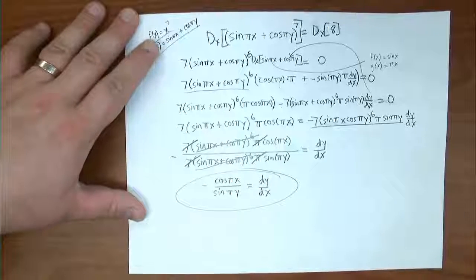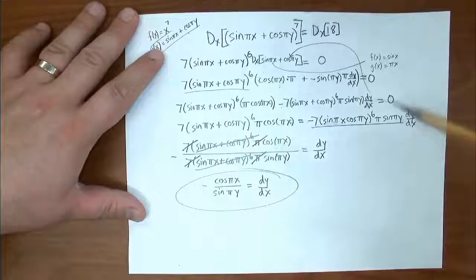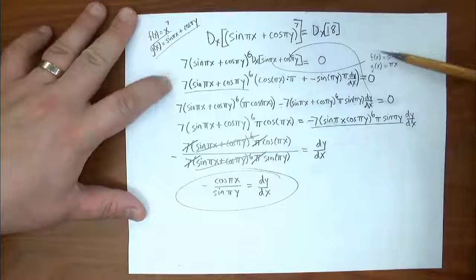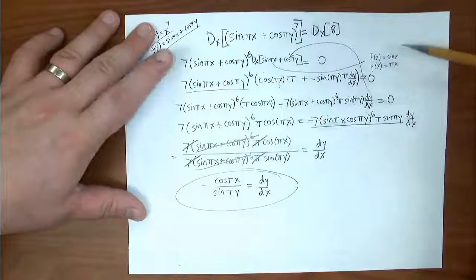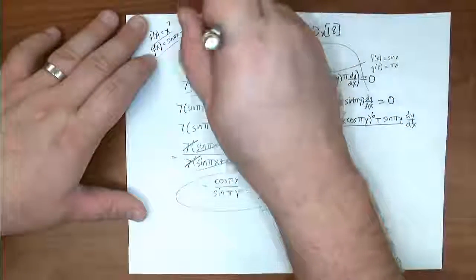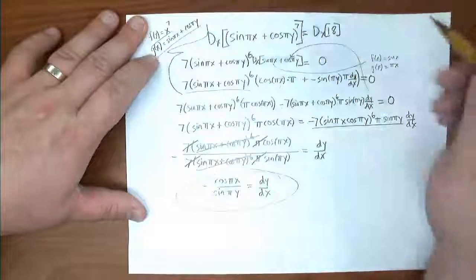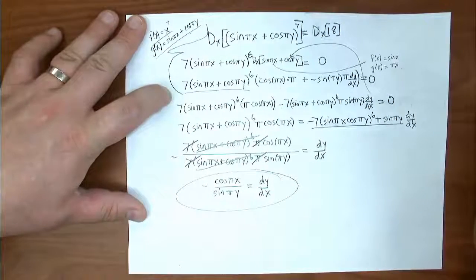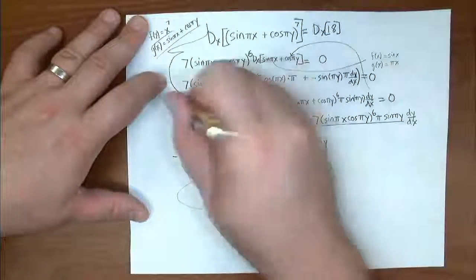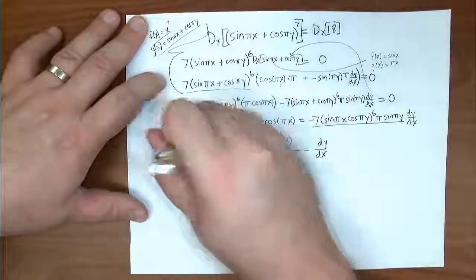But there we are. So step 1 is to take the derivative of both sides. So we essentially were done with derivatives at this point. So there was essentially step 1. Step 2 was to isolate your dy/dx, which was essentially this step.